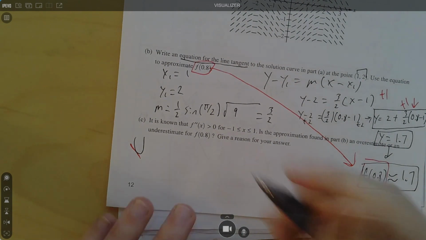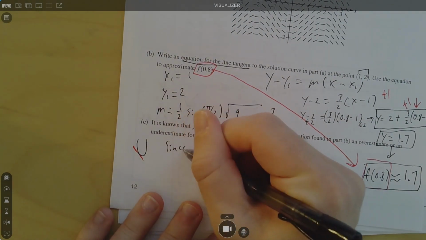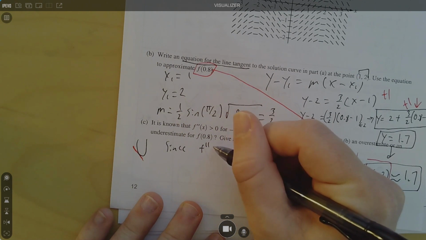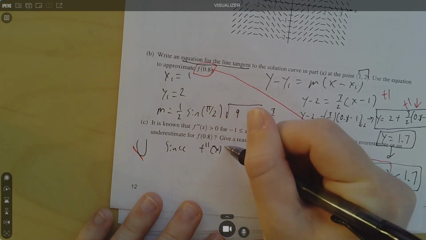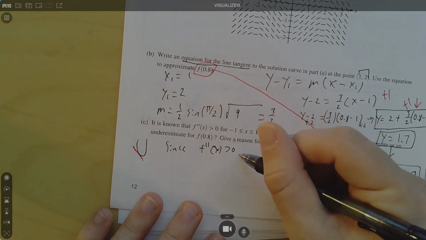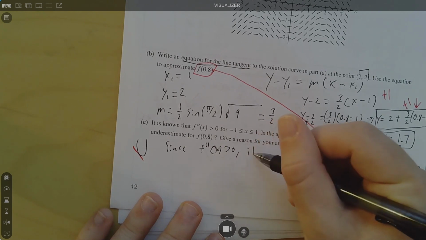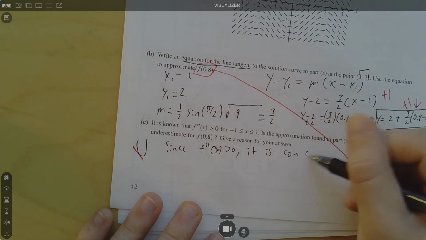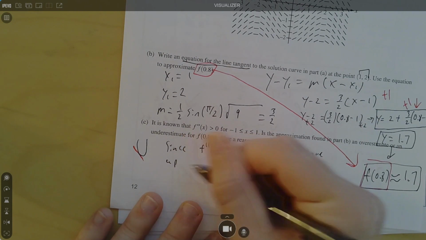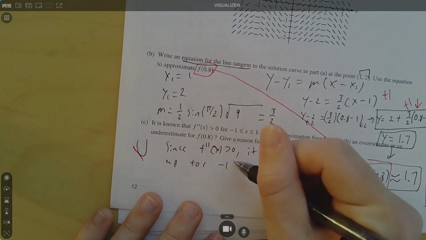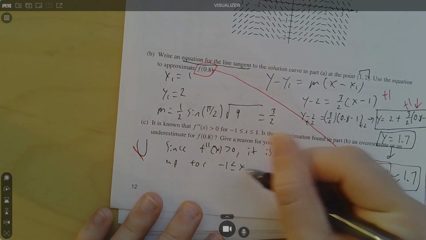Okay, so since f double prime of x is greater than 0, it is concave up for -1 to 1.